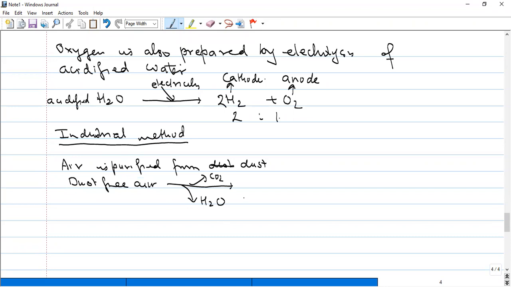This air on cooling and compression gives liquid air, and this liquid air mostly contains nitrogen and oxygen.